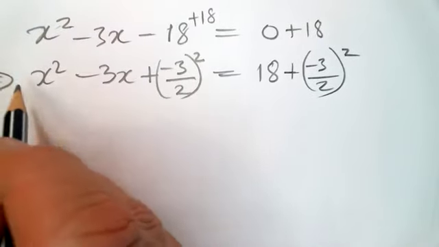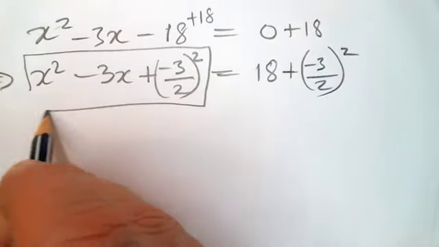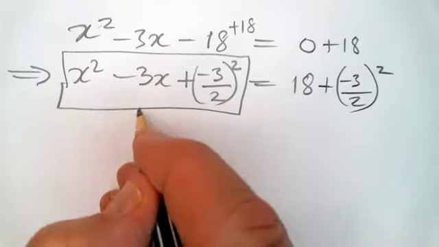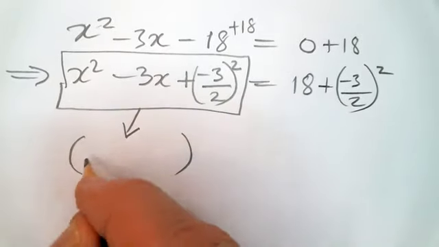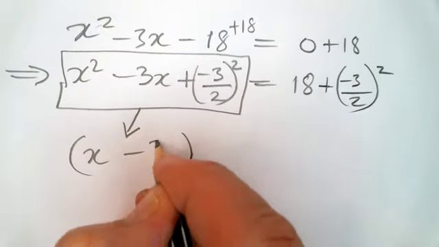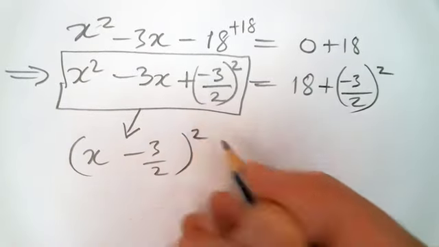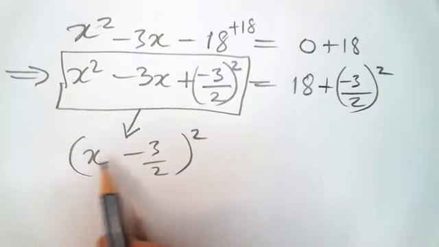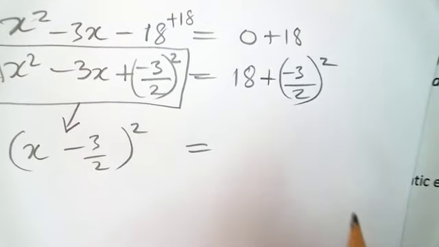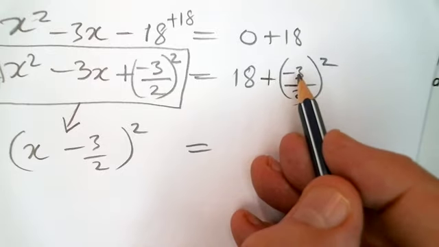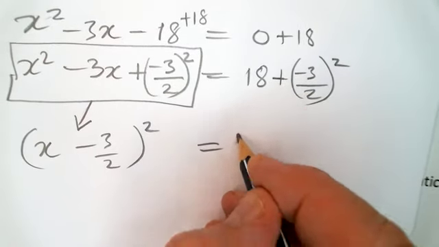So this bit now on the left-hand side, that expression there, is my completed square. That's x, I'm going to take the minus 3 over 2, I'm going to put a square. That is now the completed square. And on the other side, I've got a whole lot of other stuff left over. So I've got an 18, and I've got a negative 3 on 2. Let's have a look at that. I've got an 18.